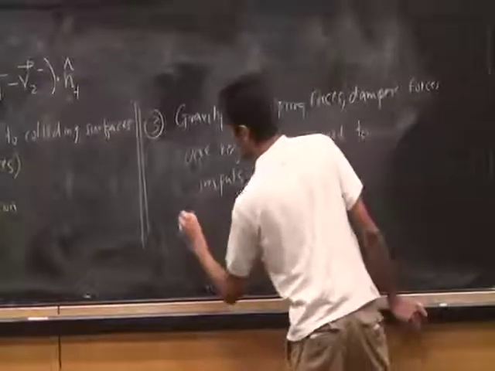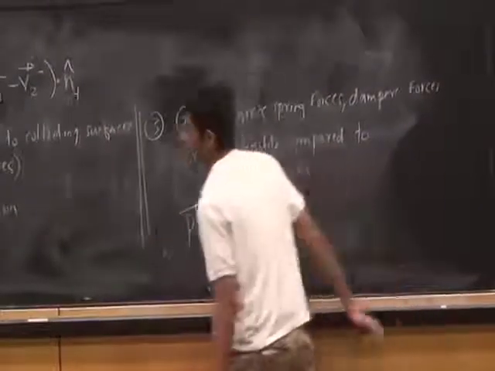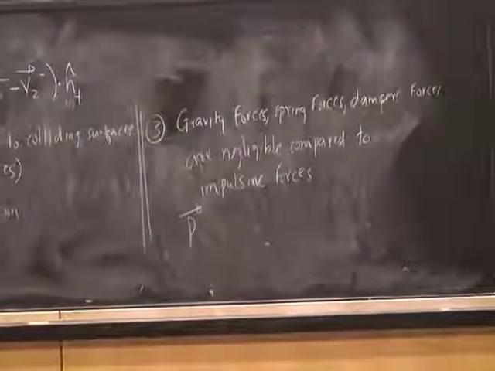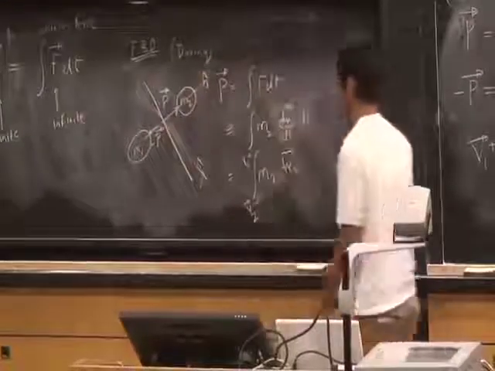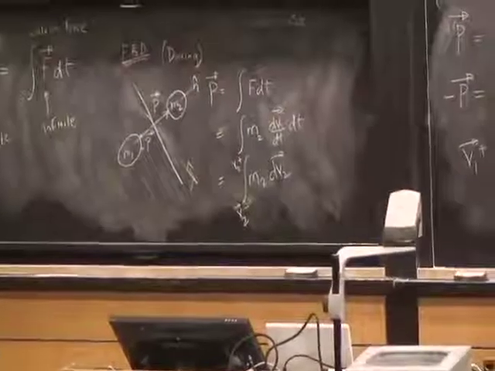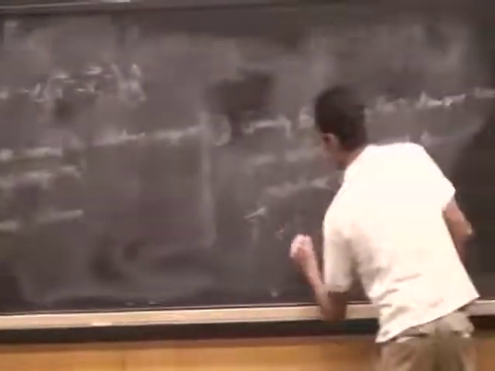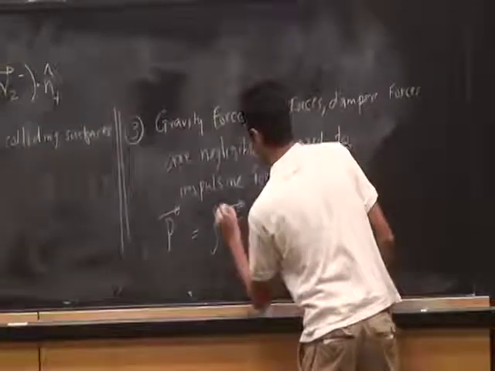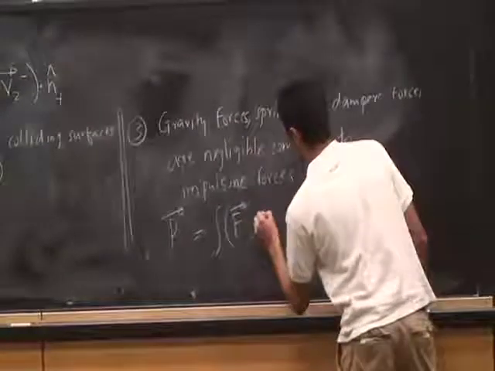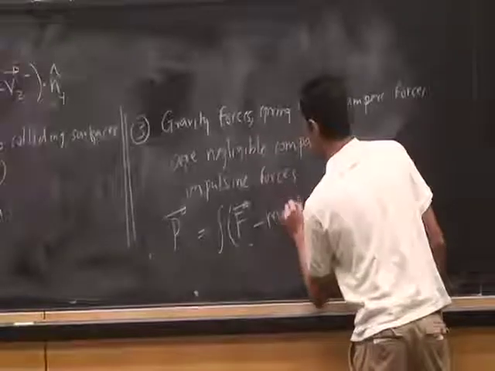So what that means is, let's say there was gravity here, and these particles collided in the presence of a gravitational field, then the impulse is simply the collision force minus, say, mg j dt.